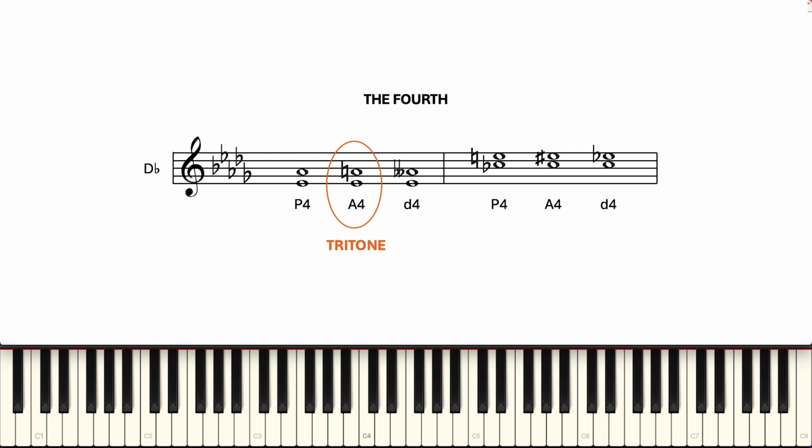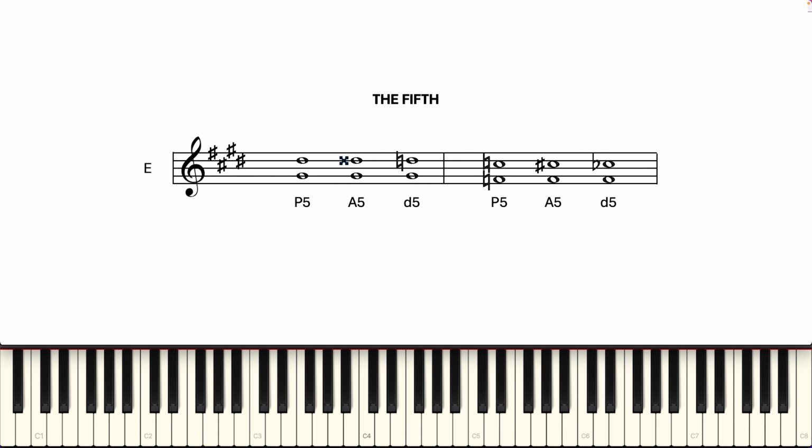Then, from a perfect position again, if we lower to E flat, we get the diminished fourth. P4, A4, D4.